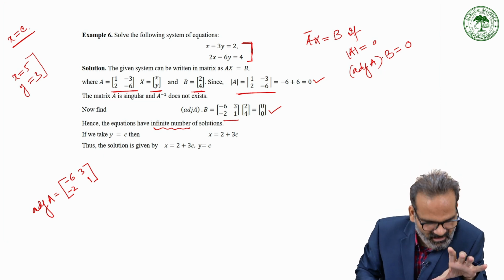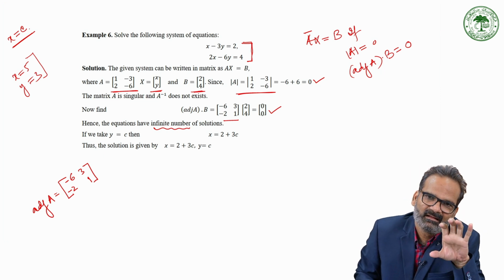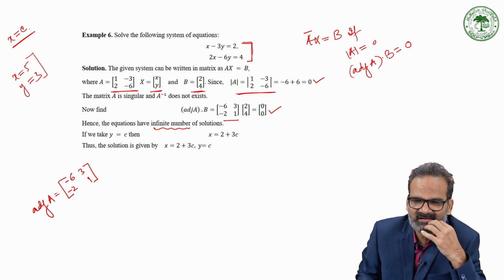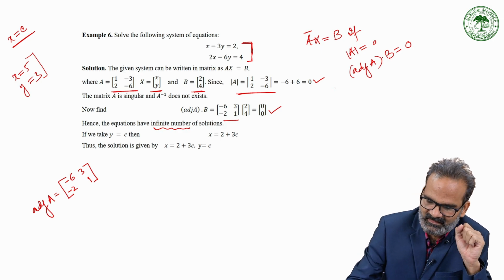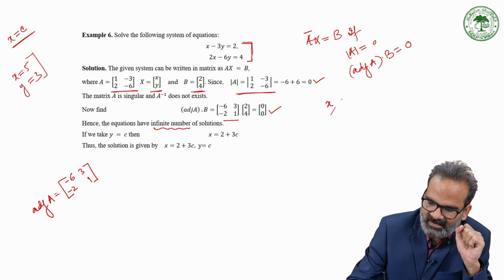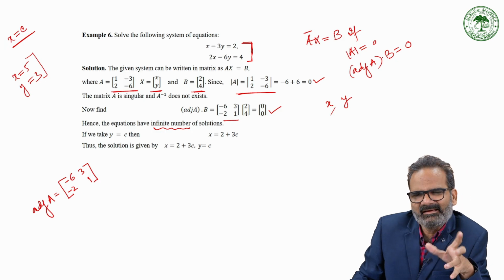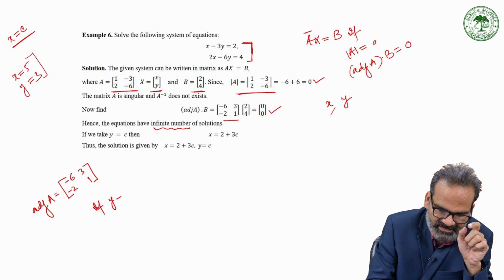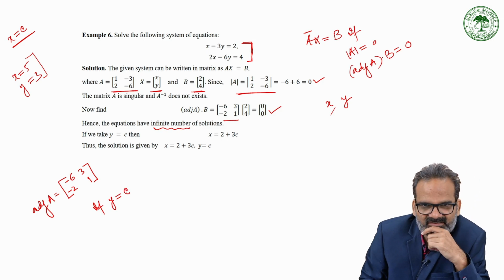And the process of writing down the solution of equations having infinitely many solutions means what? Here we are having two variables x and y, right? X and y, they are the two variables. We can take any variable as c. If I take y = c, a constant, then what is the value of x?